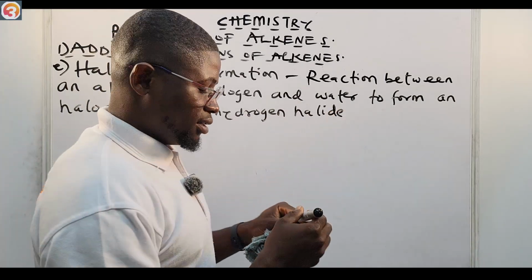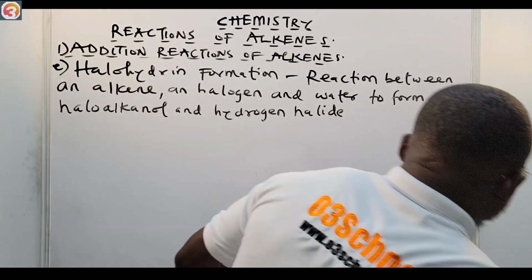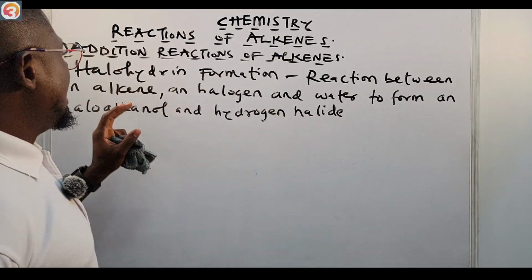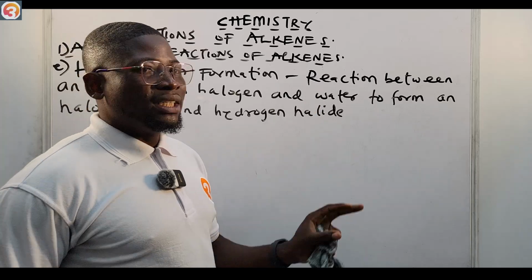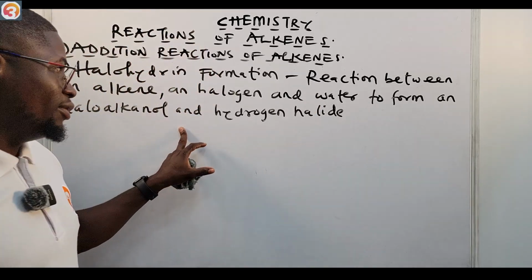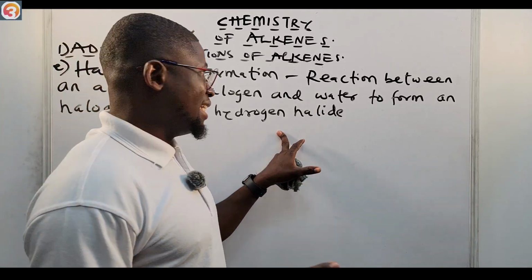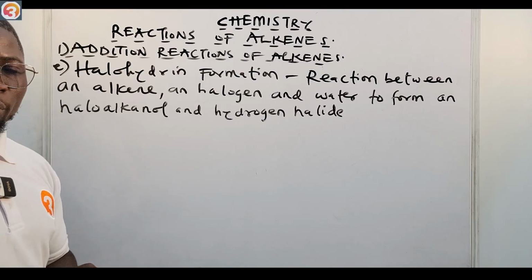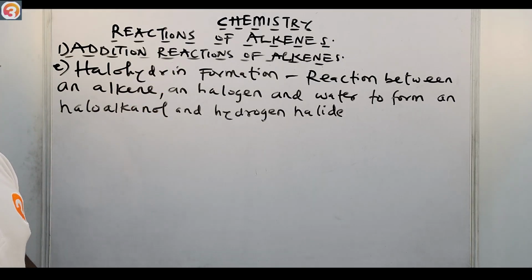Please take note of that. Reaction between an alkene and a halogen and water to form a haloalkanol and hydrogen halide. That is called halohydrin formation, another reaction of alkenes.